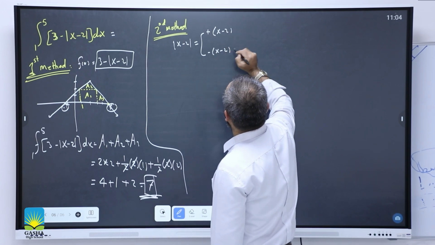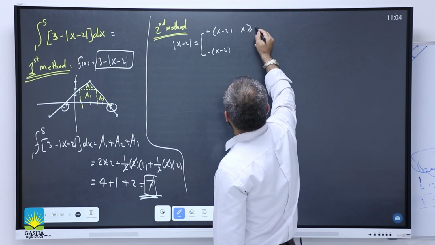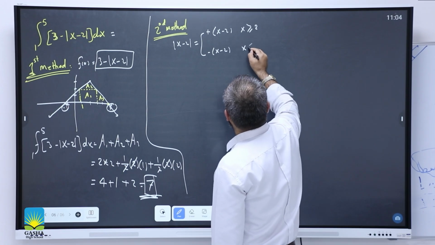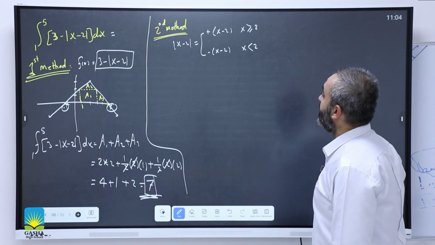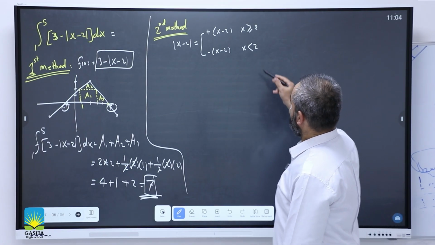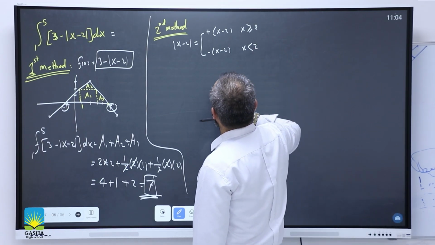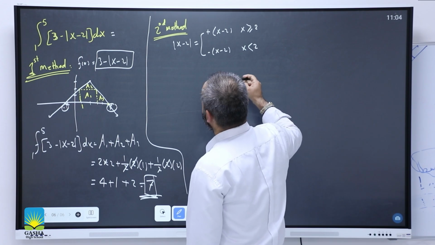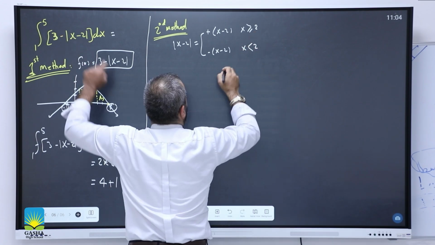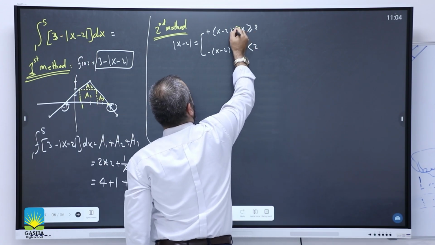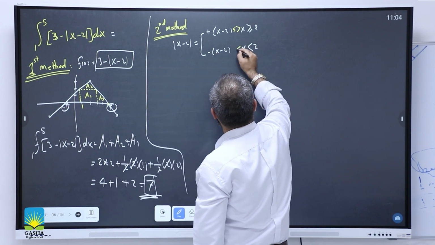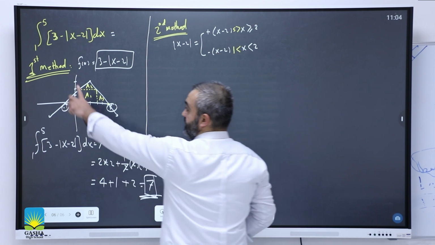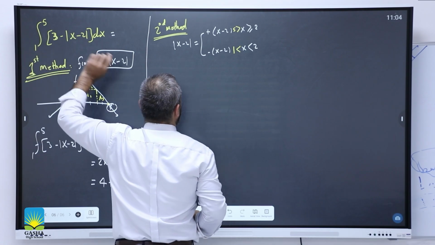What's the condition for positive? x greater than or equal to 2, and x less than 2 for the negative. This is the definition of the absolute value. We have x greater than or equal to 2 up to 5, so the interval goes to 5. The other interval starts at 1, the smaller value.